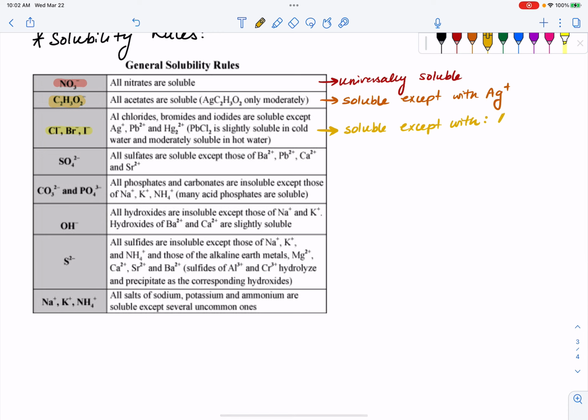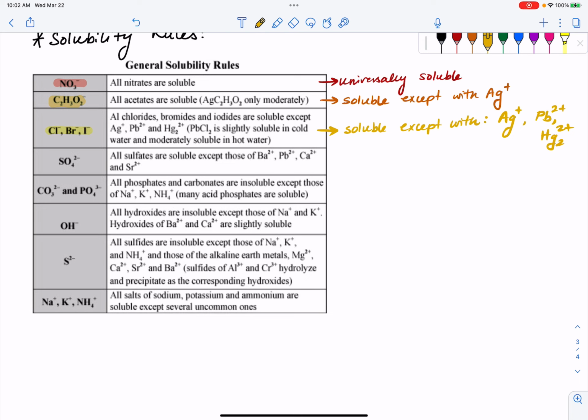So we've got, again, our silver cation, the lead-2 ion is also one that will form an insoluble product with our halogen ions. And then also the mercury 1 ion, it's one of our polyatomic cations.